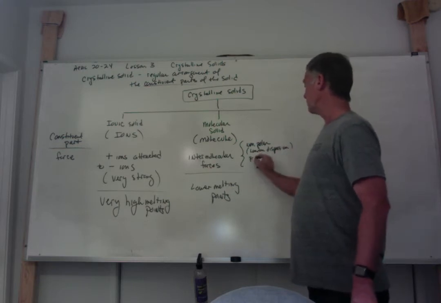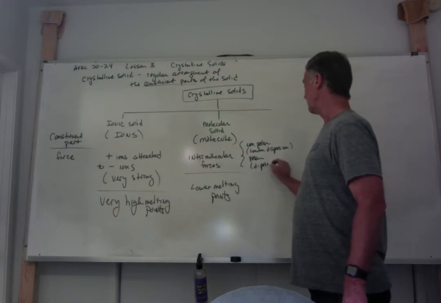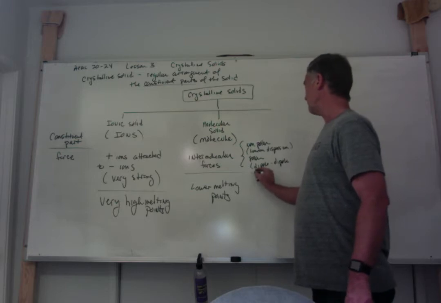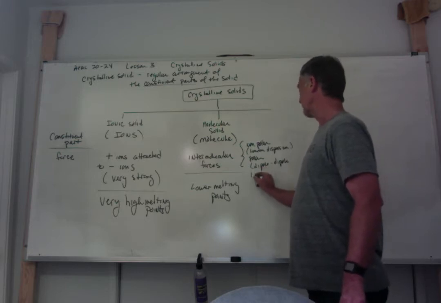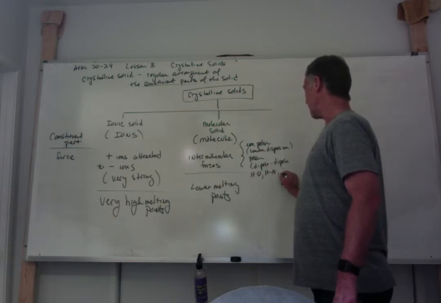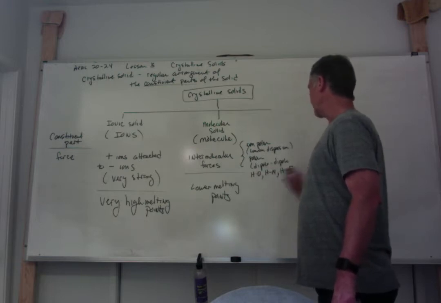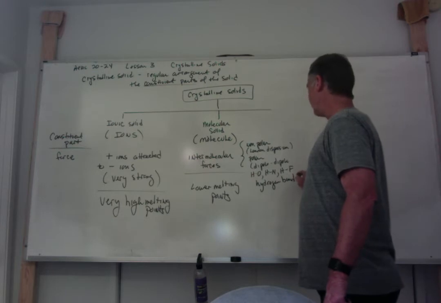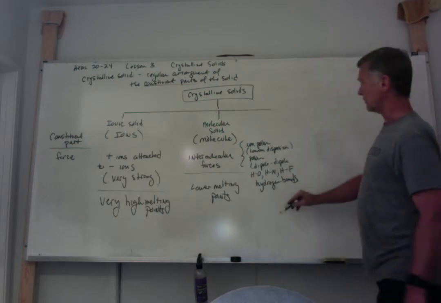We have polar molecules, in which case we have dipole-dipole, and we have hydrogen bonds. Whenever we have a hydrogen-oxygen, hydrogen-nitrogen, or hydrogen-fluorine bond, we have hydrogen bonds. What will happen is these become stronger as they go.